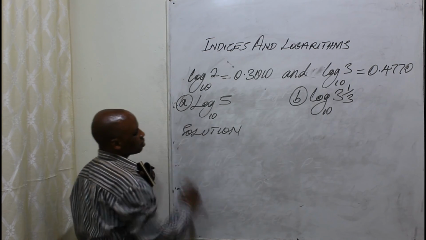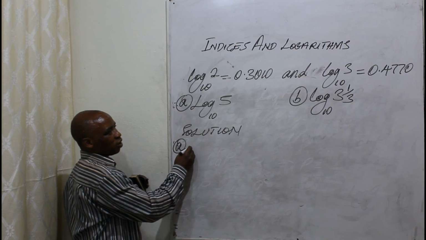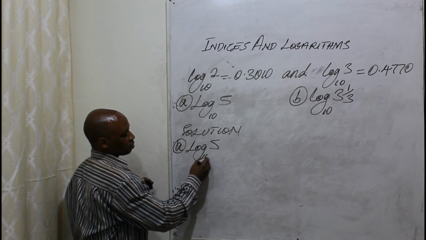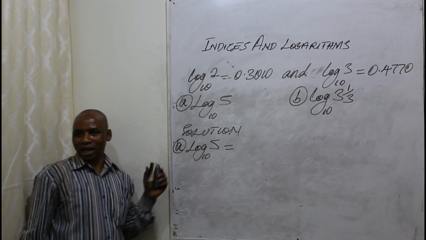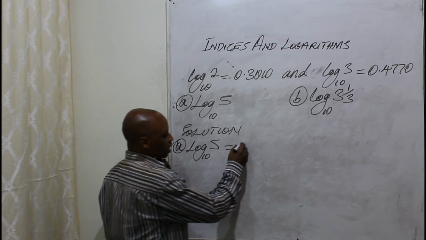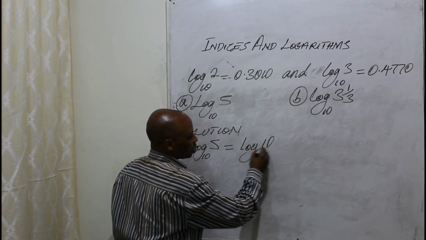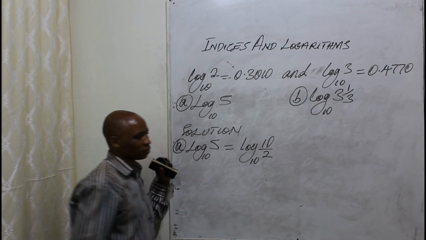So if you take the question A, for instance, that we have to evaluate log 5 to base 10. Don't forget, log 5 to base 10 is the same as the log of 10 divided by 2 to base 10.